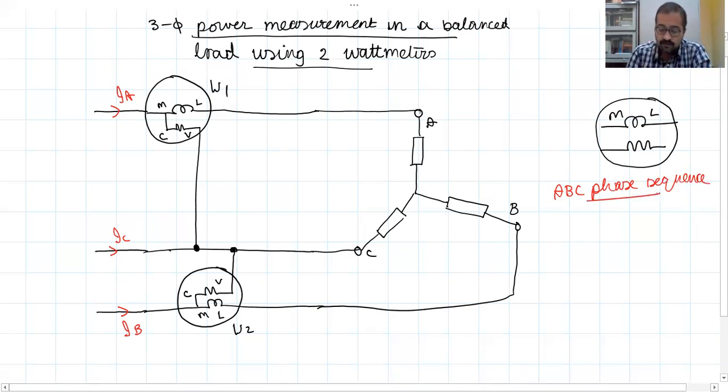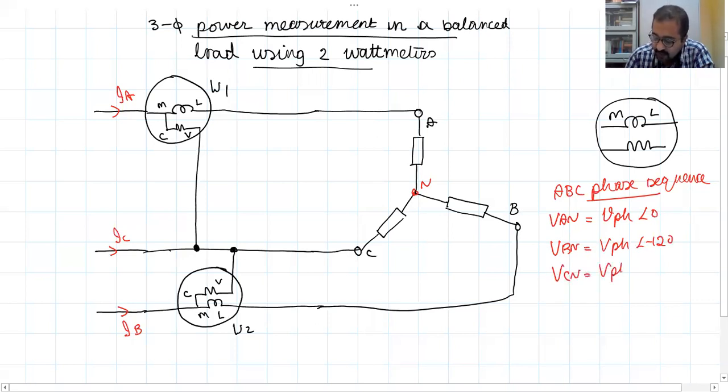This is the neutral point N. What will be VAN? I will take VAN as the reference. So I can write VAN as VPH angle 0, VBN will be VPH angle minus 120, and VCN will be VPH angle minus 240 volts.